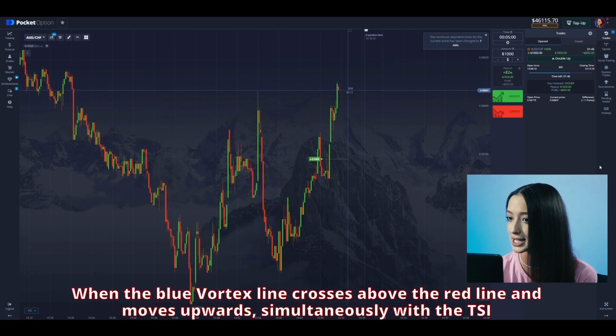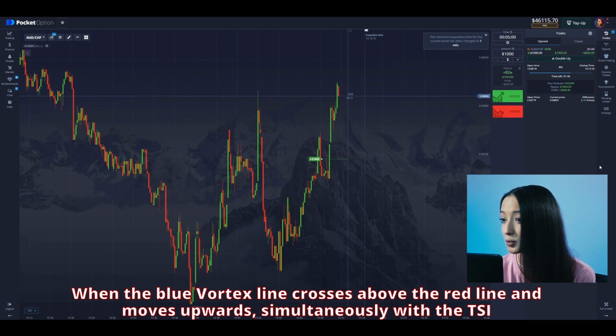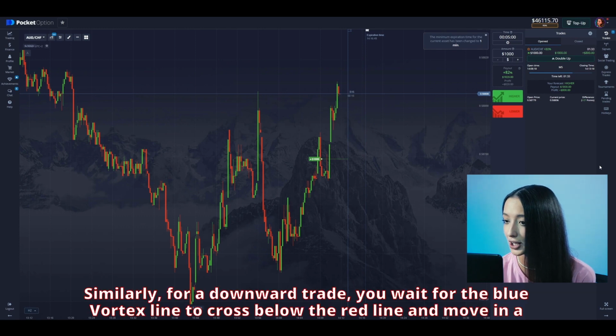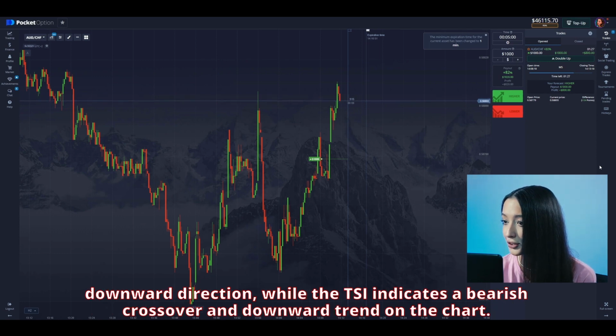When the blue vortex line crosses above the red line and moves upward, simultaneously with the TSI indicator displaying a bullish crossover and upward movement, you open an upward trade. Similarly, for a downward trade, you wait for the blue vortex line to cross below the red line and move in a downward direction, while the TSI indicates a bearish crossover and downward trend on the chart.